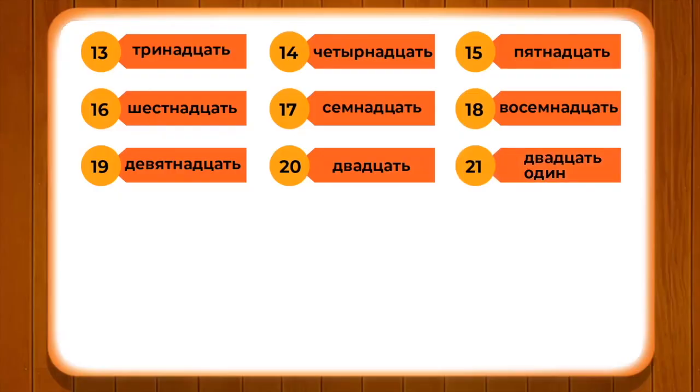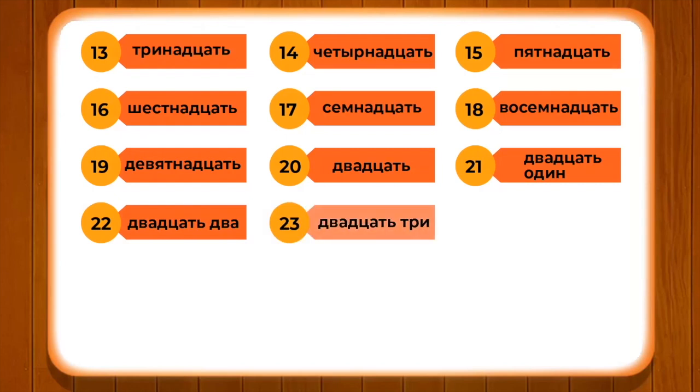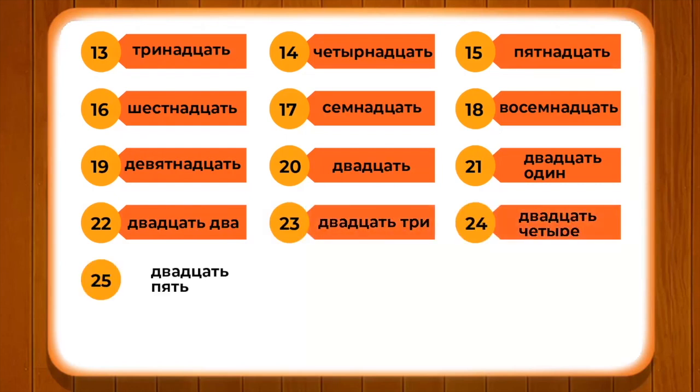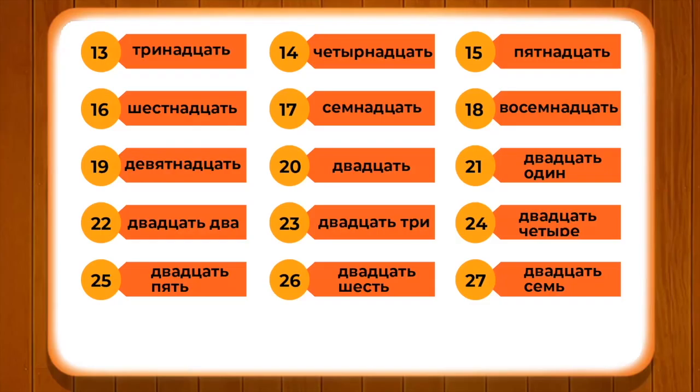So 21 is 21, then 22, 23, 24, 25, 26, 27, 28, 29 and 30. If you remember, in our previous module we have also counted them. That is why we are not going into explanation right now, but we recommend you all to note them down in your notebooks so that whenever you have time, you discuss it and use it in sentences with your family and friends in order to understand Russian in a better way.